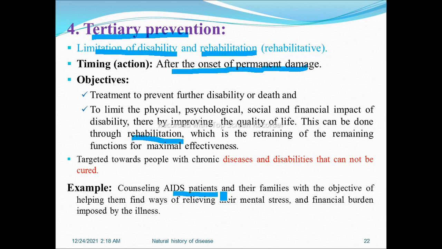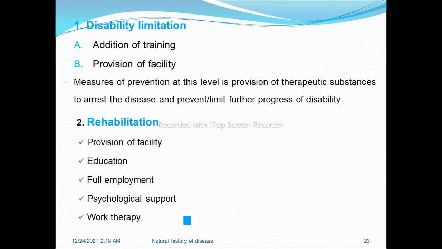In this case, we will provide counseling for HIV patients as well as their families, with the aim of helping them find ways to relieve their mental stress and decrease the psychological impact, as well as giving counseling about their financial burden due to the illness. So this is tertiary prevention.